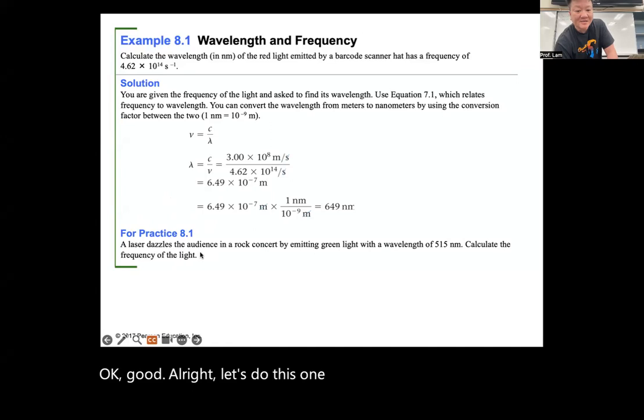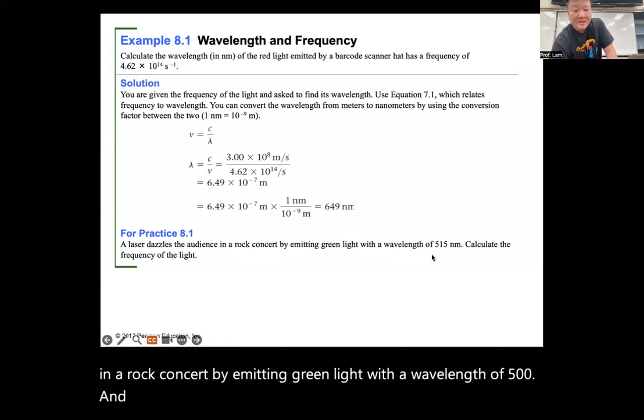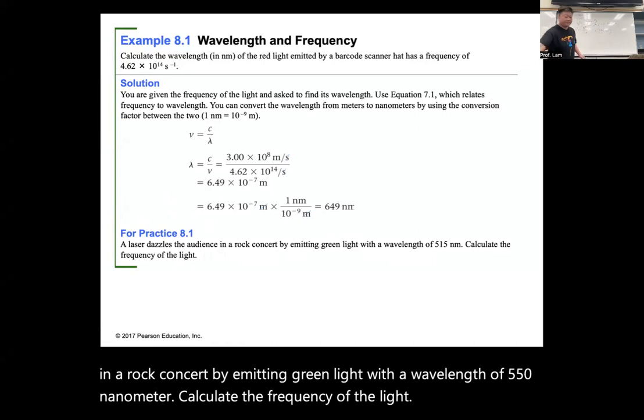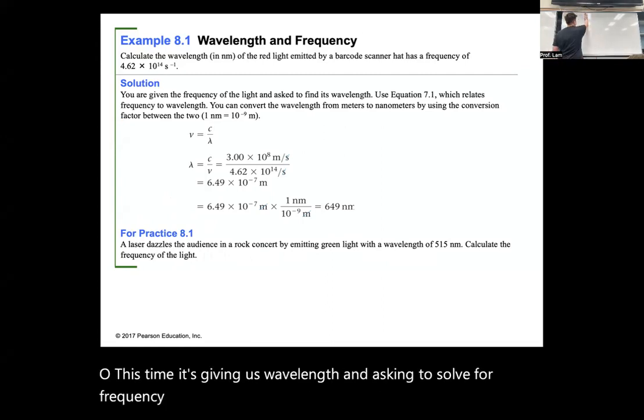A laser dazzles the audience in a rock concert by emitting green light with a wavelength of 515 nanometers. Calculate the frequency of the light. So this time it's giving us wavelength and asking to solve for frequency, right? 515 nanometers. What is the frequency of the light?